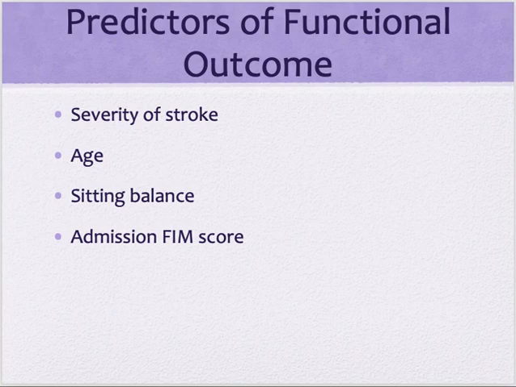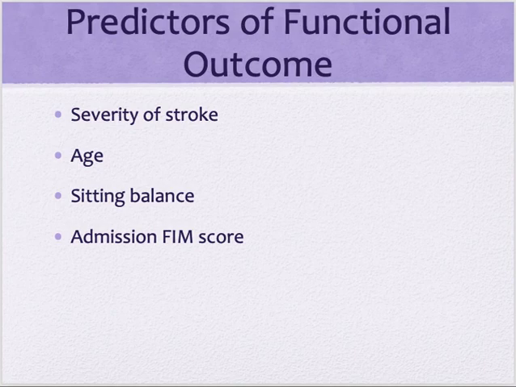Like I told you, someone who has poor sitting balance, poor trunk control, urinary incontinence, or who is more than 75 years of age, these are all very poor predictors for independent walking especially, because to walk we must have very good lower limb power and coordination. So that's a very important thing. That's how they predict the outcome.